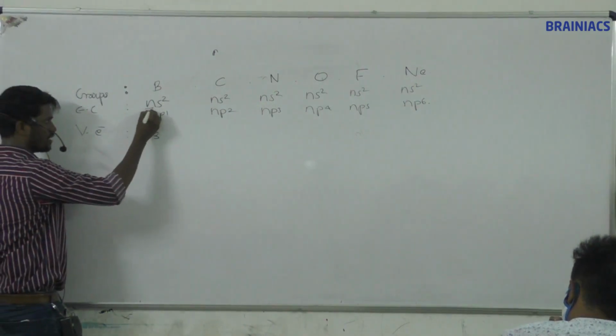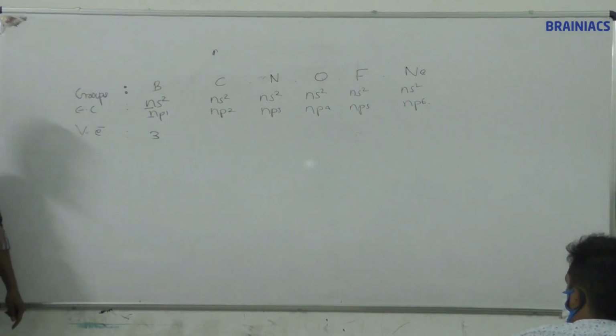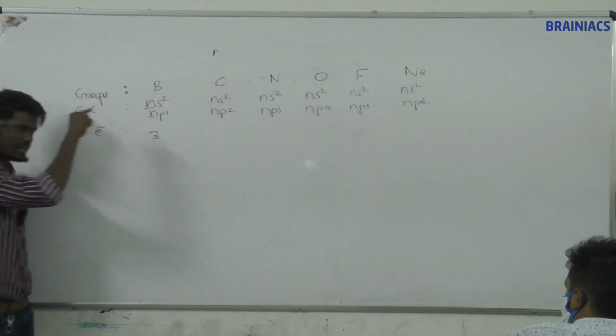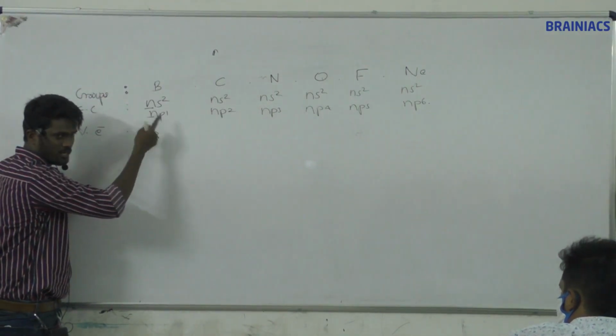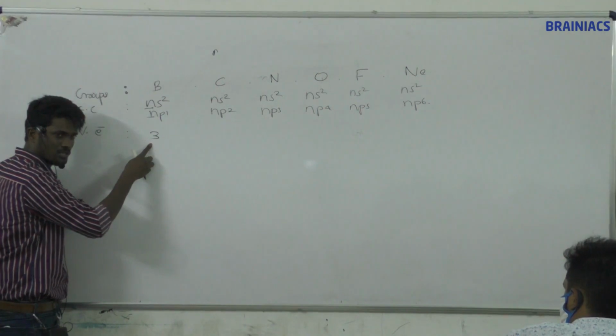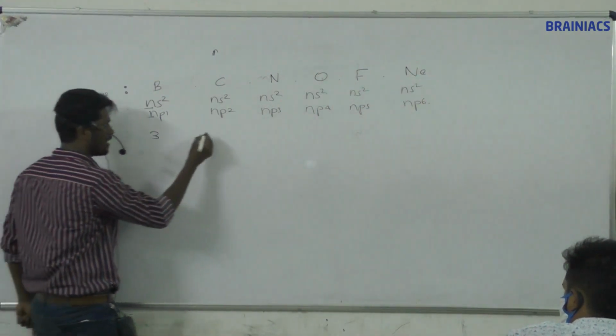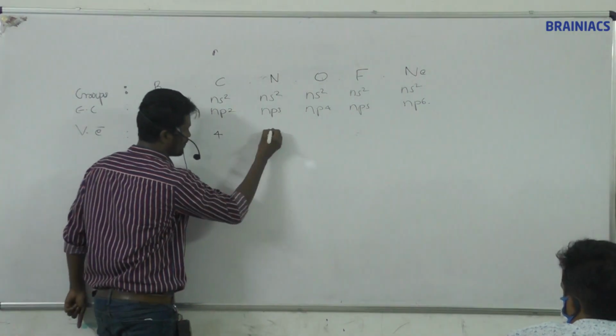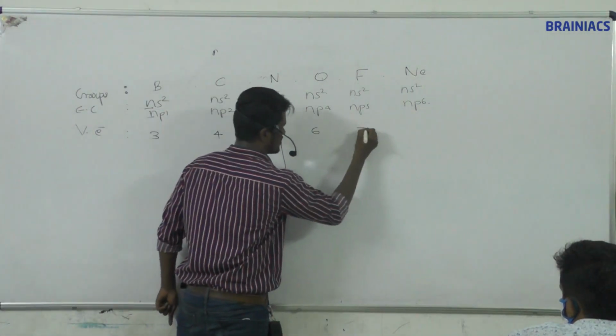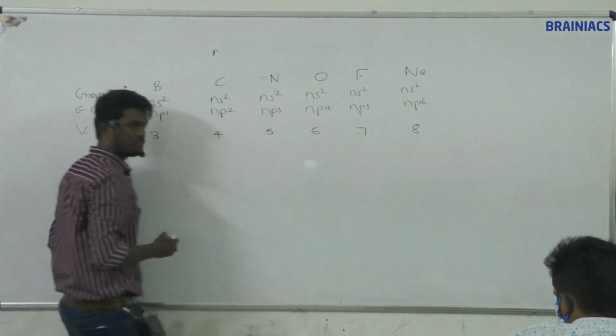In the nth shell, the s and p subshells contain how many electrons? So the number of valence electrons in the boron family is 3, carbon family 4, nitrogen family 5, then 6, 7 and 8.